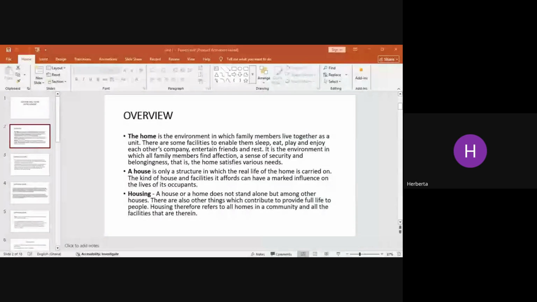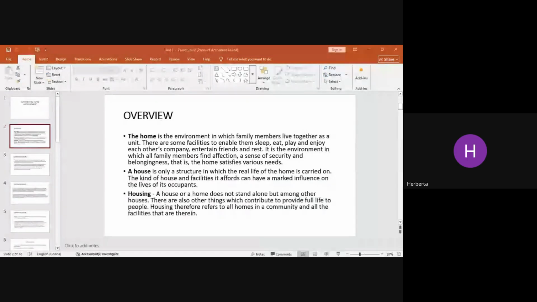So you have the intention that you are going to sleep in the house. So in the bedroom, if you are going to sleep, then you will need a mattress, you will need a bed, you will wear dresses, so you will have a wardrobe.